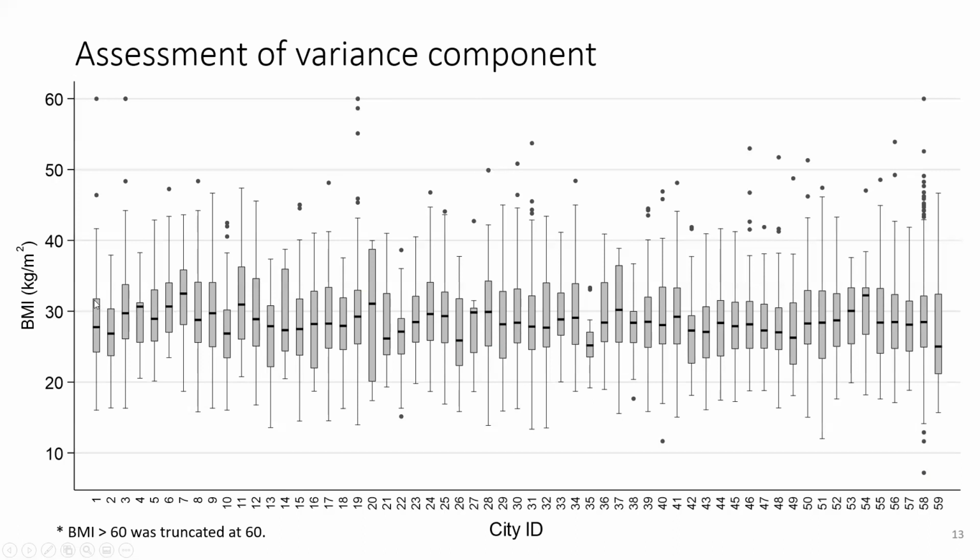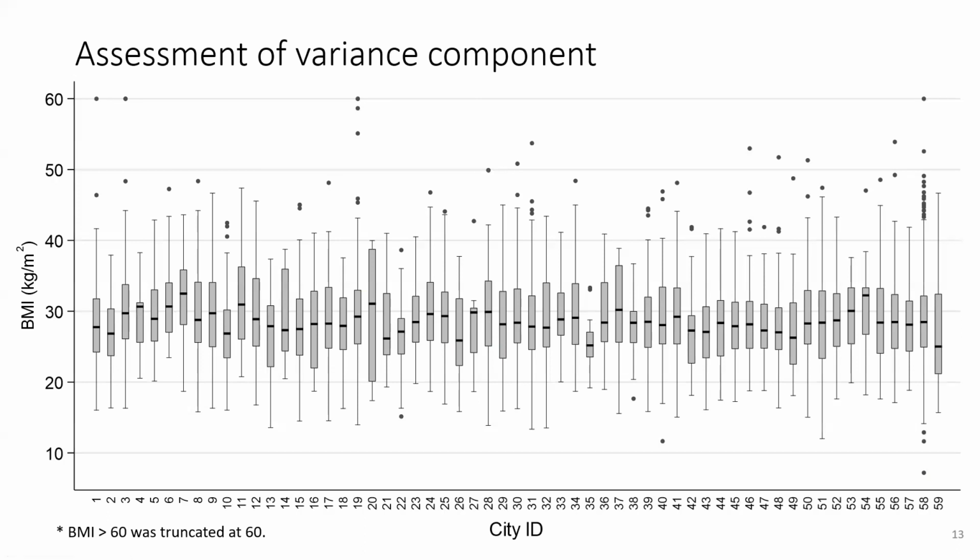And we want to know if the width of the IQR changes across cities. What do you think? Constant or different? I think they are somehow different. Here, I think this is city 20, we have a big IQR. And city 35, we have a very small IQR, and the others are more or less in between.